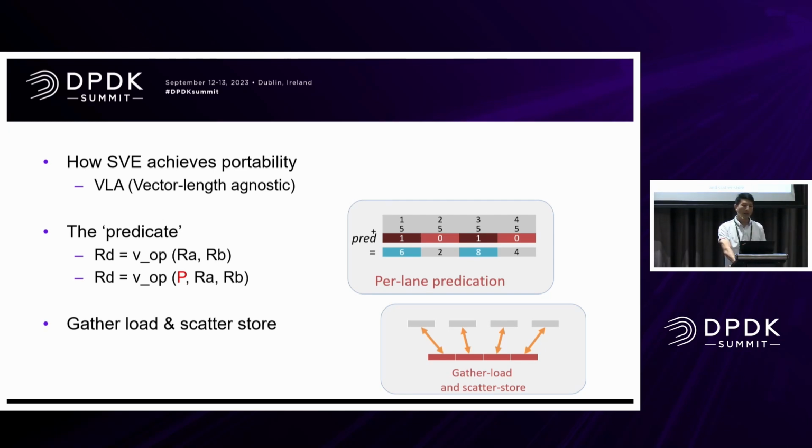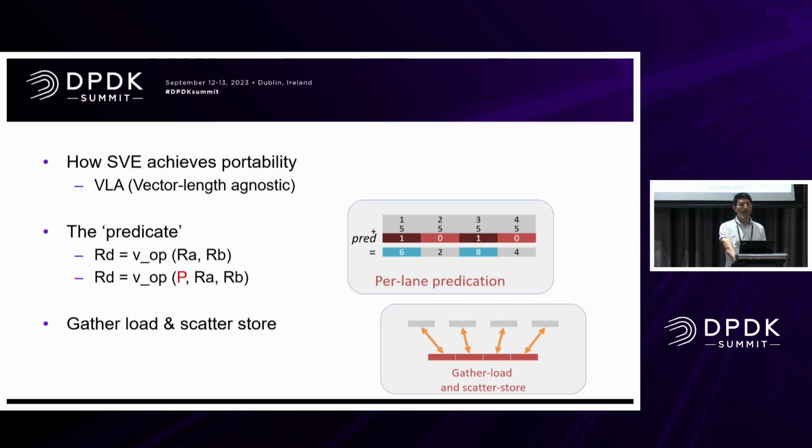And what makes this possible? There's a concept called predicate. Typically in vector processing, you need two source registers, and after some processing, the result is stored in some destination register. So for vector processing with SVE, another parameter is needed, that is the predicate.